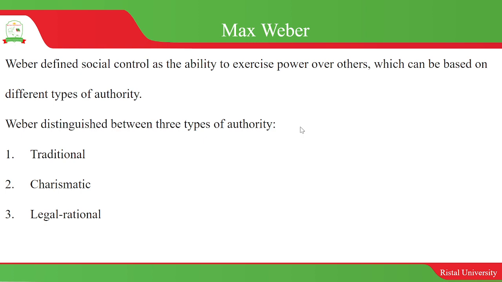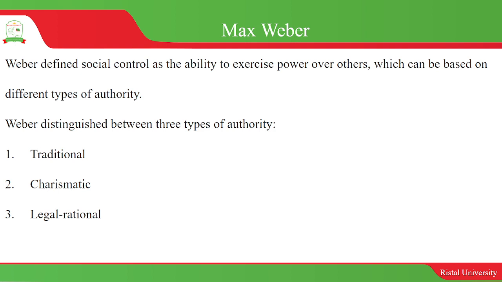So the other person is Max Weber. You have heard Max Weber in the Principles of Management, and he's the one responsible for the theory of management called the bureaucratic theory of management.